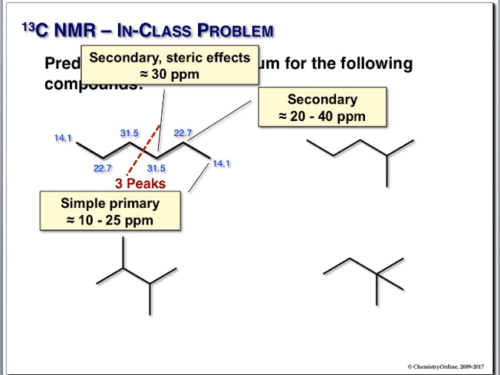We go up to 22 and up to 31 for our interior secondary. 3 peaks, all in the simple range, moving from simple methyl up to hindered interior methylene. Any questions?